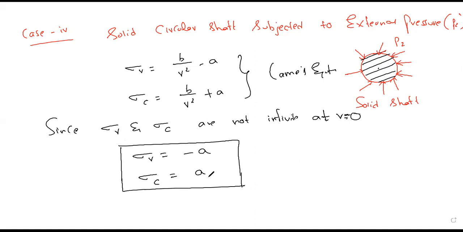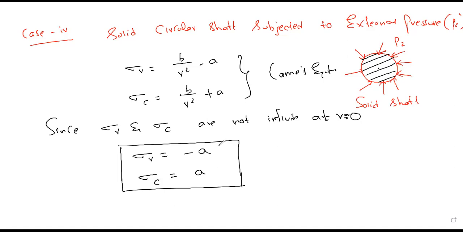So like this you can calculate your circumferential stresses and radial stresses based on the conditions given. If you remember all these conditions, it will be very easy for you to solve the problems.